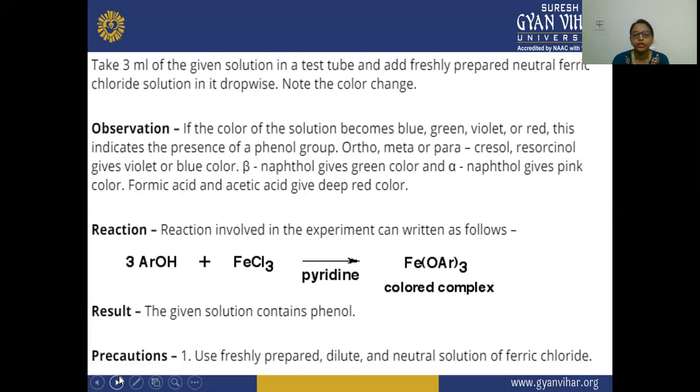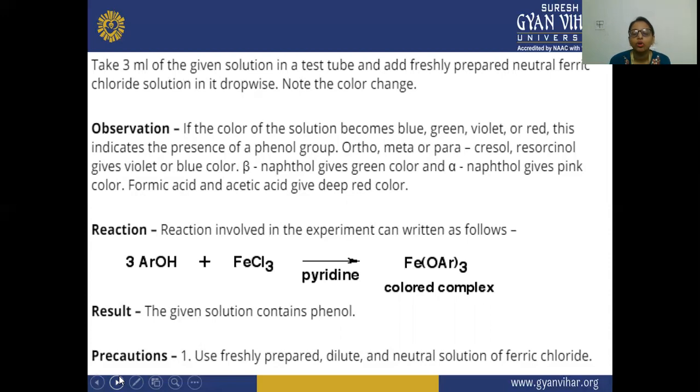So observation: if the color of the solution becomes blue, green, violet, or red, this indicates the presence of a phenol group. Means if the 3 ml given solution in the test tube is transforming into blue, green, violet, or red color, then there is a presence of a phenol group, because phenol has substituents and derivatives also.